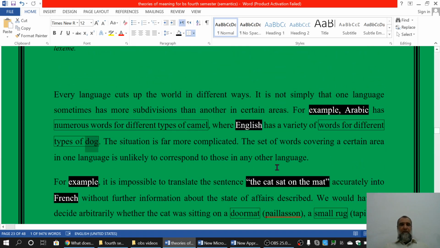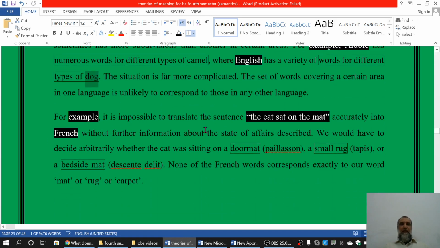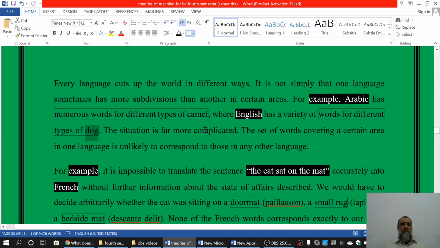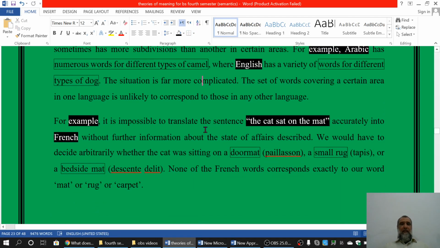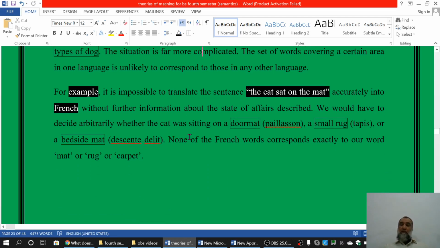Complications का जिक्र करते हुए semantics field में we go a little further, and we say that sometimes it is very difficult to translate one sentence in one language into another language because of that semantic field which is different. For example, let us take this sentence: the cat sat on the mat.